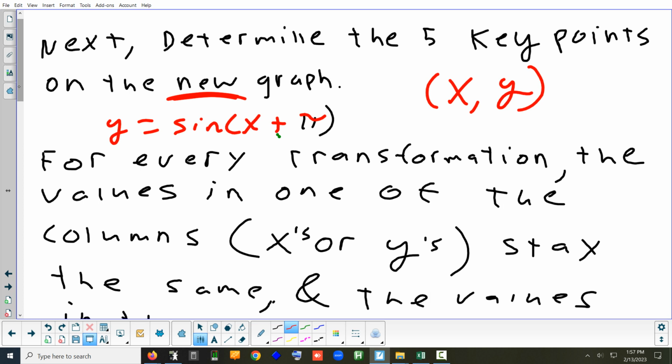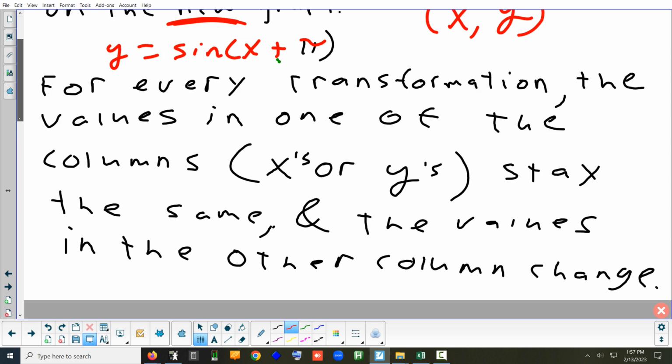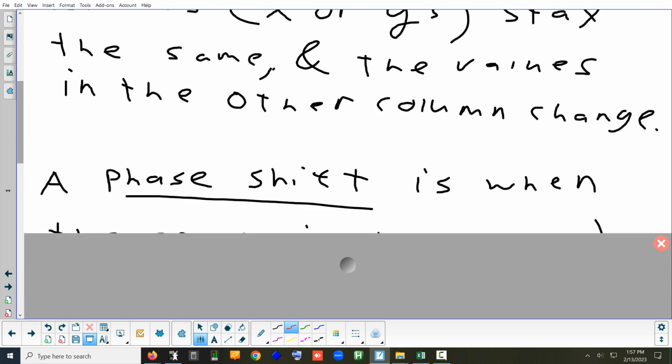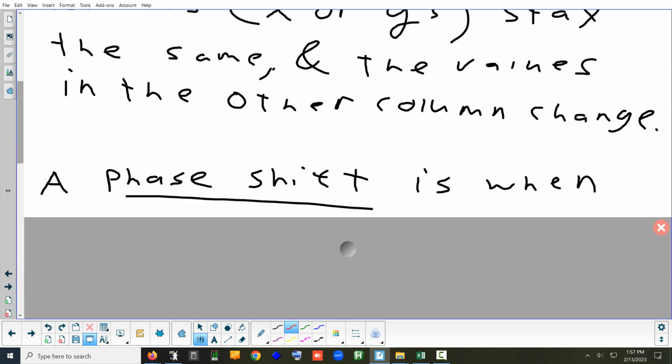Now you might wonder, why did I put pi here? That's kind of a weird number. Well, when we shift left and right with trig functions, even though you can shift by any number you want, there's three numbers that they usually shift by: 45, 90, and 180. Those are the most common amounts to move it. And when we deal with trig functions, they don't call it shifting left and right, even though it's the same thing.